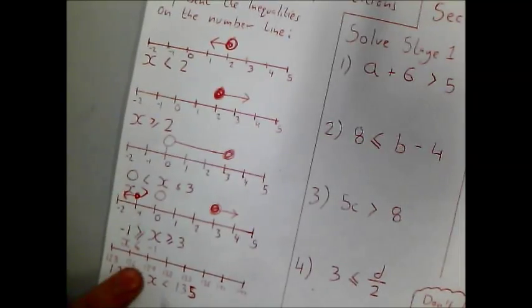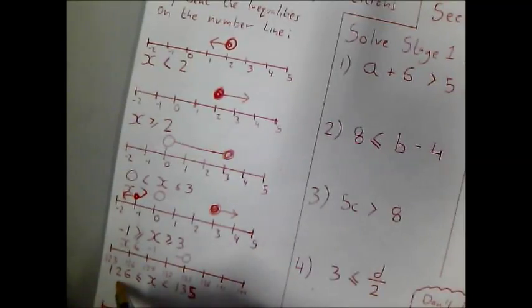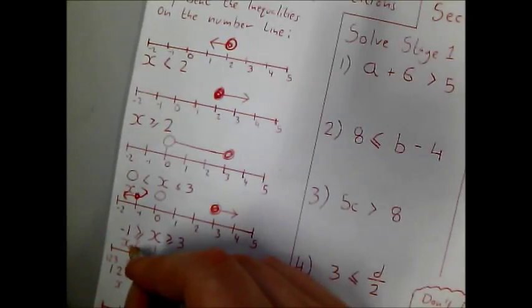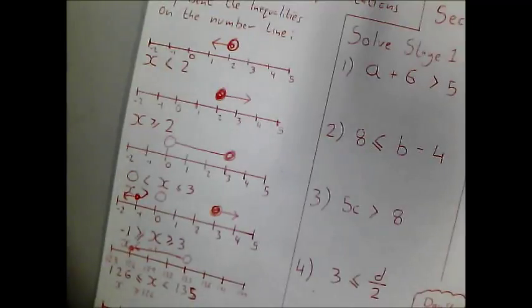Okay, so I want x to be smaller than 135, but not including it, so hollow dot. And I also want x to be facing 126, bigger than or equal to 126. So coloured in dot that meet in the middle, like so.